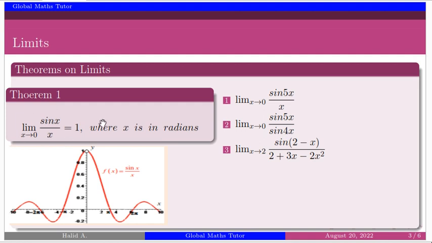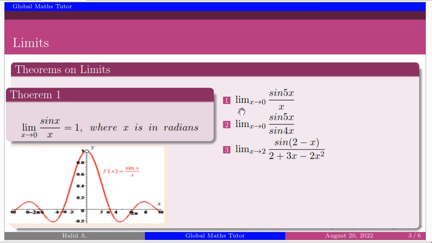Okay, using this limit we can do more limits. For example, the limit as x approaches 0 of sin 5x over x, or sin 5x over 5x. These kinds of limits can be done using this theorem. So let's see how we solve these kinds of limits.